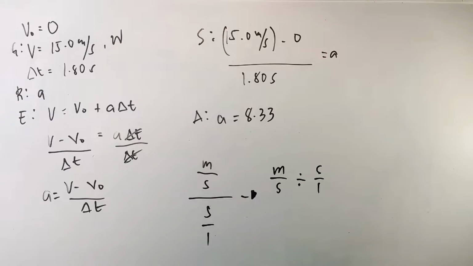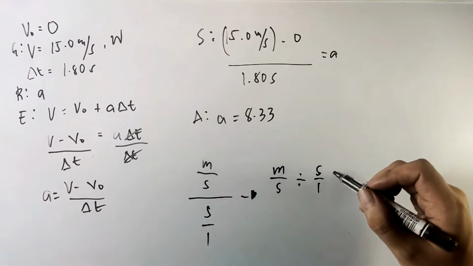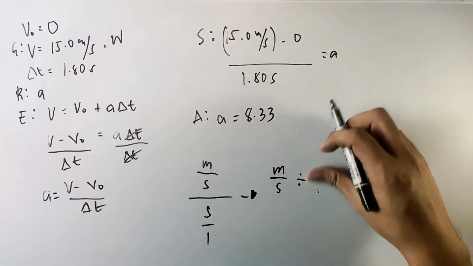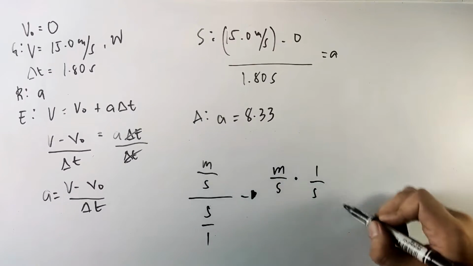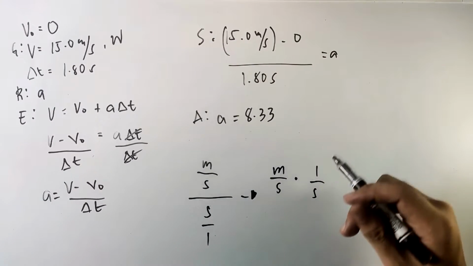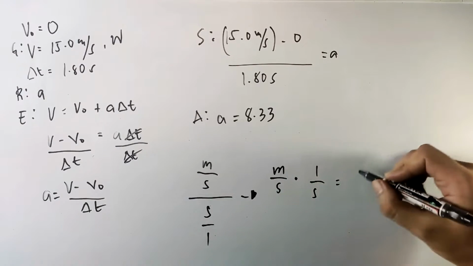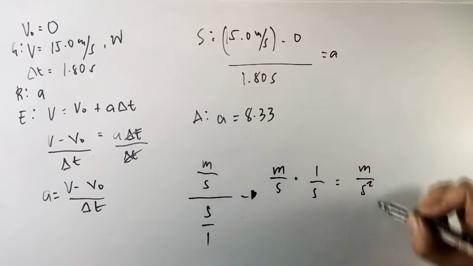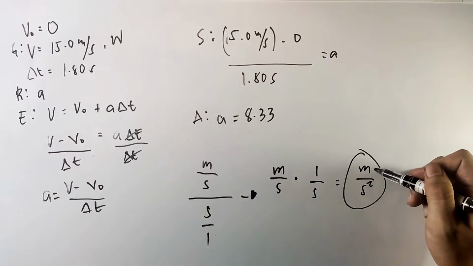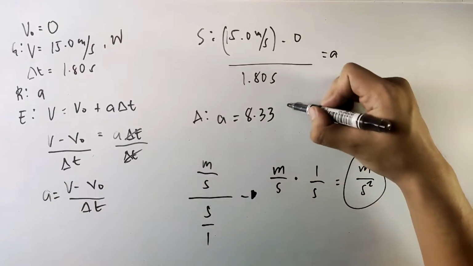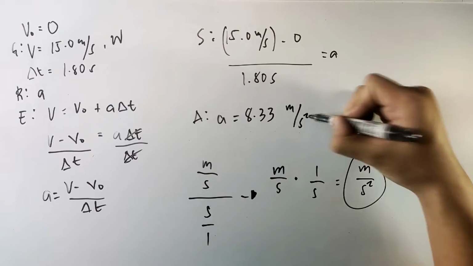When dividing fractions, what we really want to do is multiply instead. So that would become 1 over s. You're going to reciprocal this one if you remember that. So this would become meter per second squared, which is correct. This is the unit for acceleration. This is supposed to be the unit of your final answer. So let's place it here.